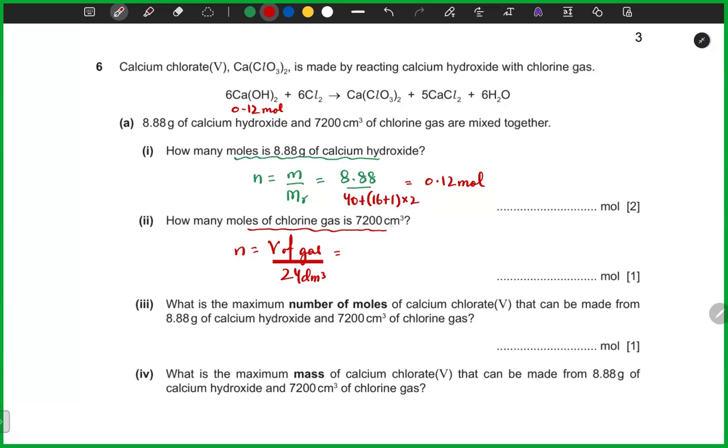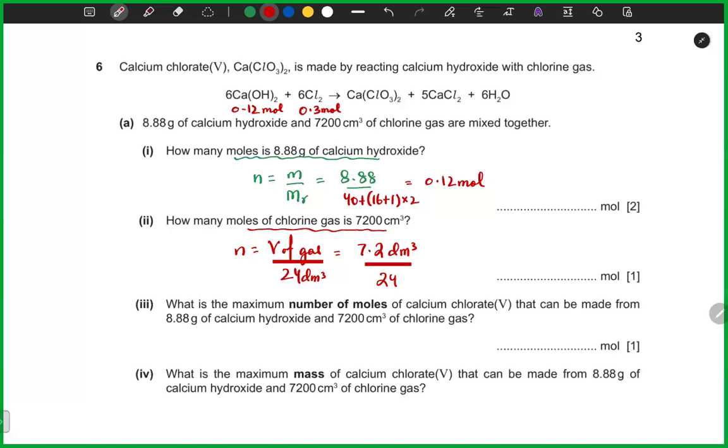So 7200 you have to convert into dm cube. So in dm cube that's going to be 7.2 dm cube, and the whole thing gets divided by 24. What does the calculator say? 7.2 divided by 24 gives 0.3. So the moles are 0.3 moles.